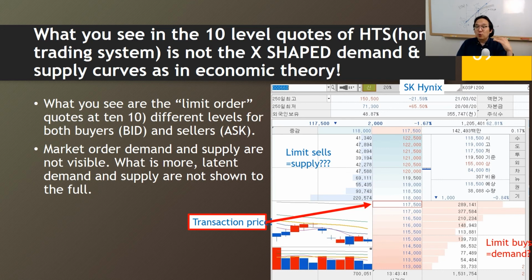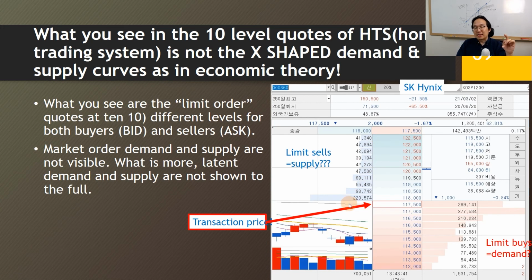You cannot see it. What you can see is limit orders, 지정가 주문, right? So they are waiting all day long until this price is fulfilled. At higher price ranges, you see more sell or ask amount coming up. Limit ask, limit sell orders like this, right?